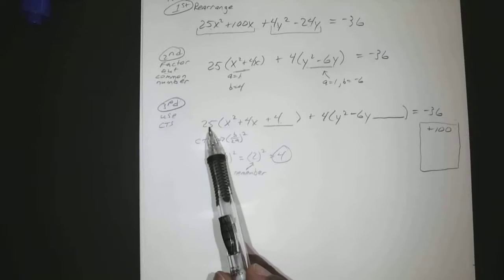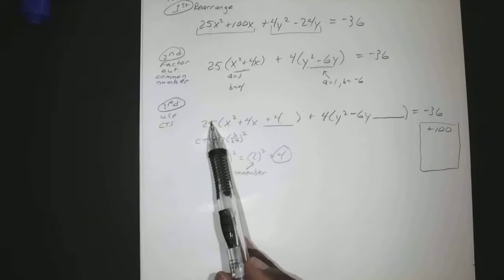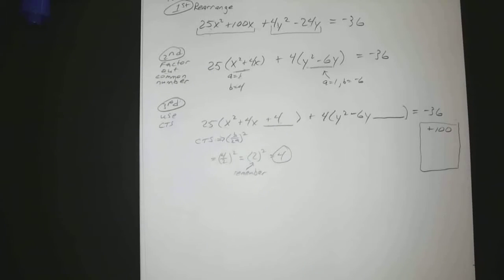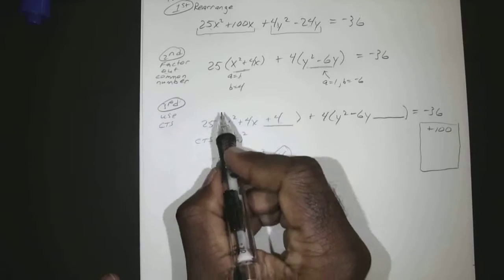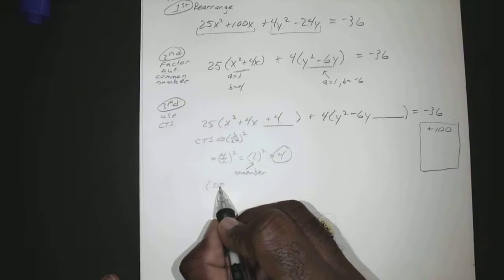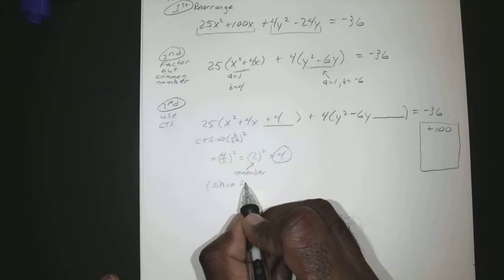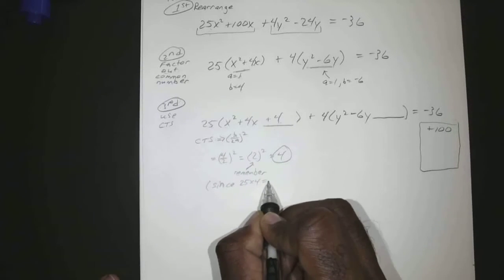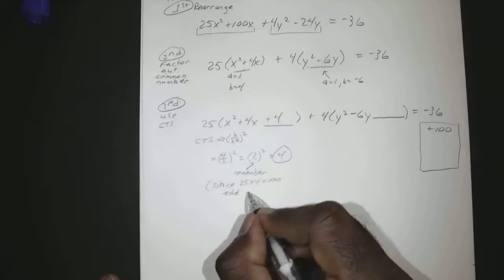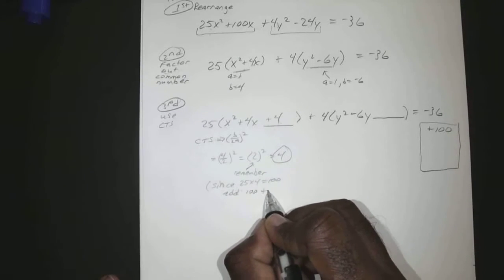But because you had to factor out that 25, you now have to take into account that if you distribute that 25 back, it would become 100. Since 25 times 4 equals 100, add 100 to both sides. I mean, add 100 to the right.